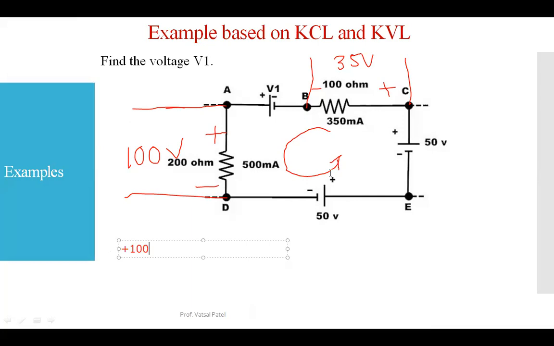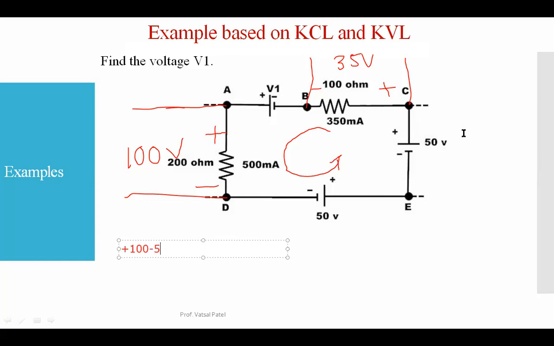Then if you reach here, which polarity will come first for D and E? Minus or positive? Negative polarity will come first. So can we write minus 50 volt?